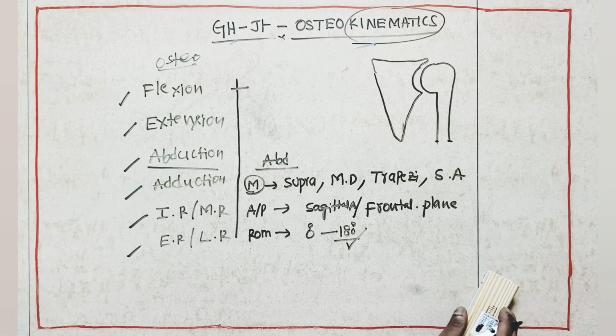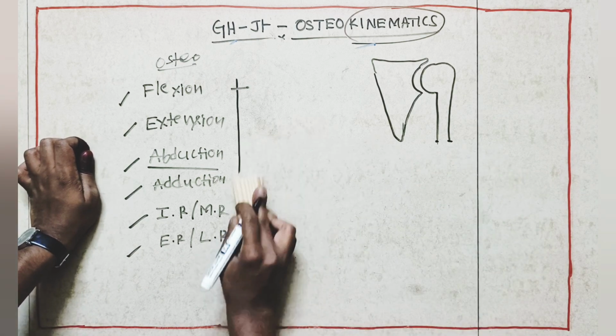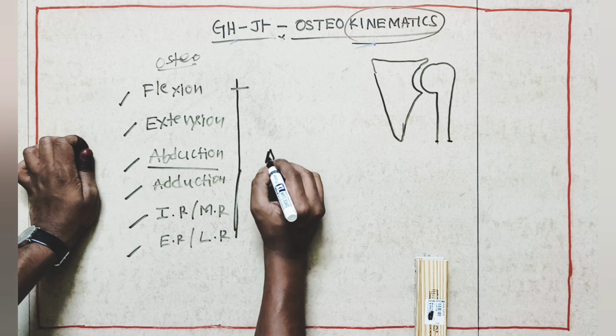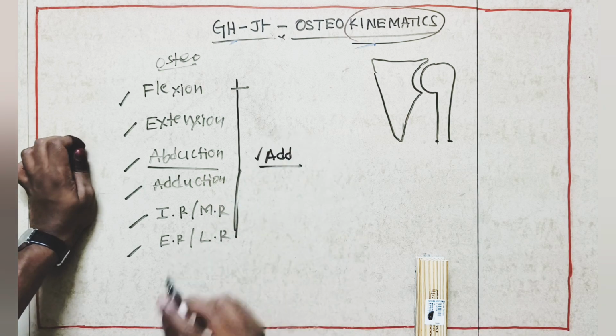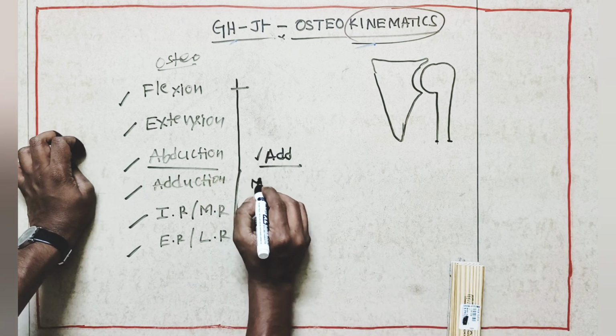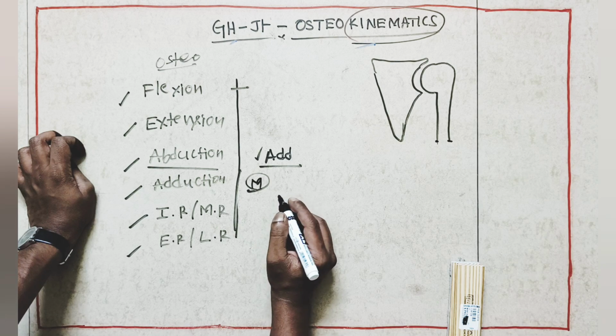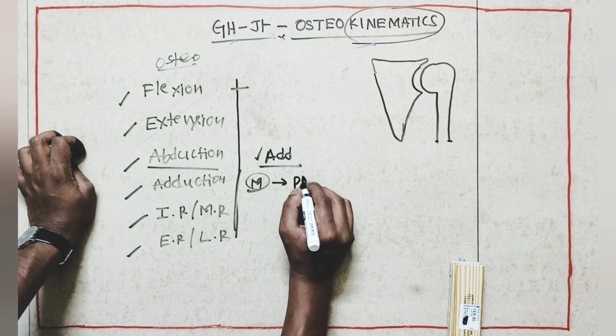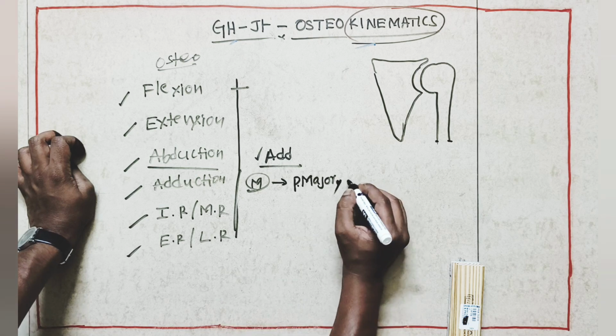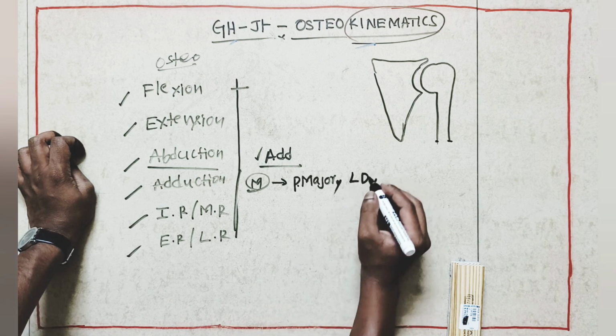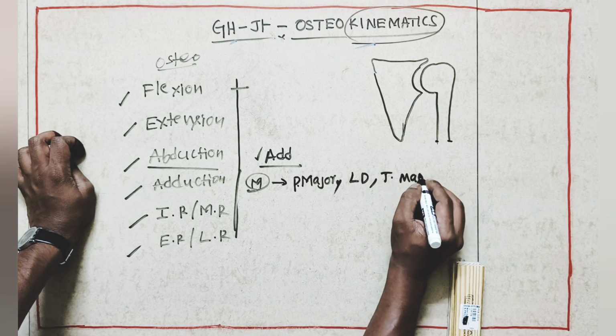Now we will see the adduction movement. This is also an osteokinematic movement. First point, muscles. Which muscles are responsible? First, pectoralis major muscle. After that, latissimus dorsi muscle. After that, teres major muscle.